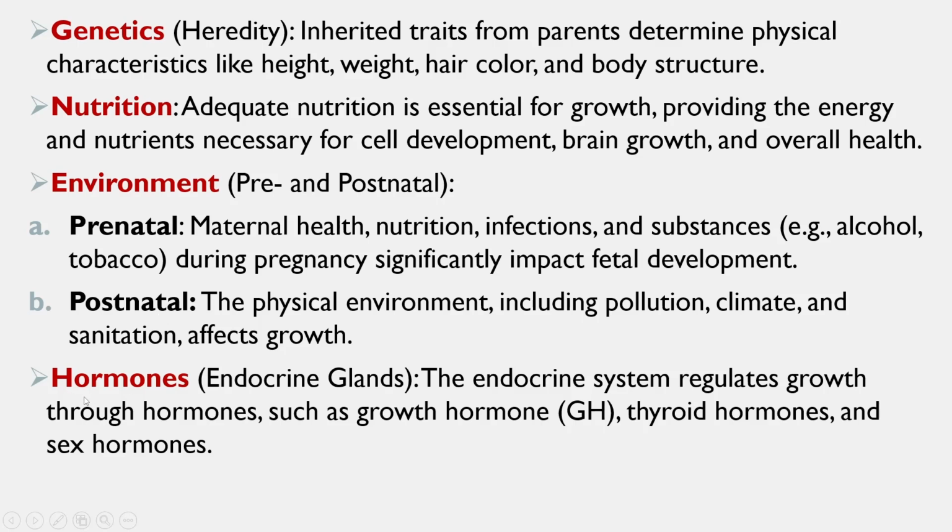Next is hormones, that is related to endocrine glands. The endocrine system regulates growth through hormones such as growth hormone, thyroid hormones, and sex hormones. So hormonal imbalance can disturb normal growth patterns.